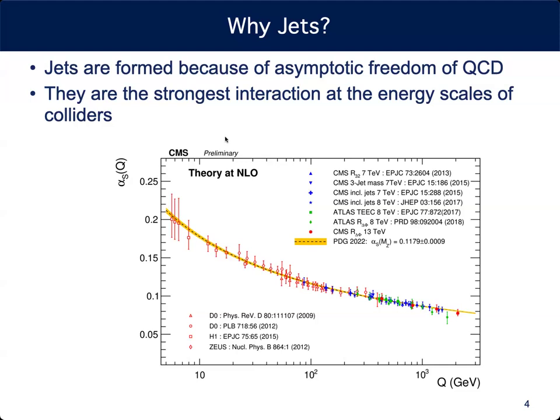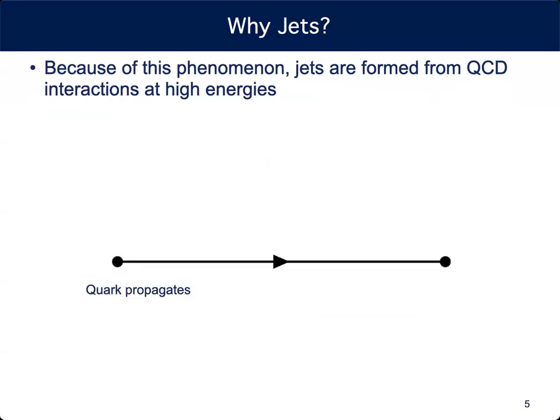There are plots from ATLAS and other places too. This one has a bunch of summaries: measurements of alpha strong as a function of Q. You produce something up here at the high end where the coupling is low, and as you radiate, you lose energy, and so the coupling gets higher and higher.